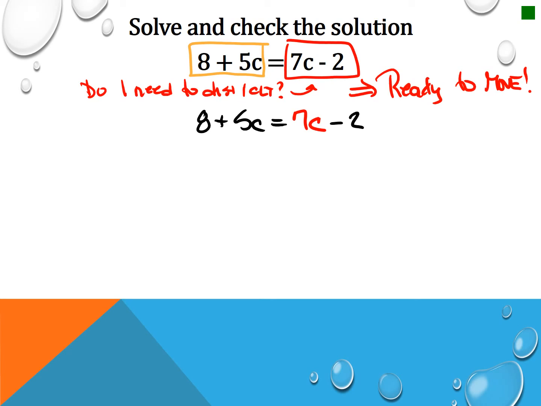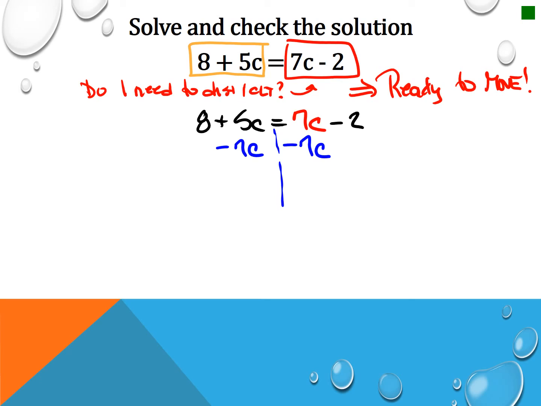So I'm going to take a 7C. I move variables by adding or subtracting. It's a positive 7C, so I'm going to subtract 7C. Because if I have 7C, I take away 7C, I got none. I'm none C in here. But if I do that, I have to do it over here too. Remember, that's the other side of the equal sign. I'm going to make sure to put that minus 7C under his friend.